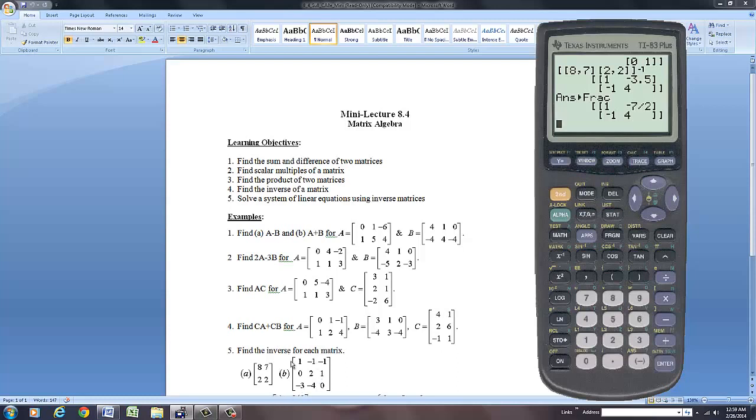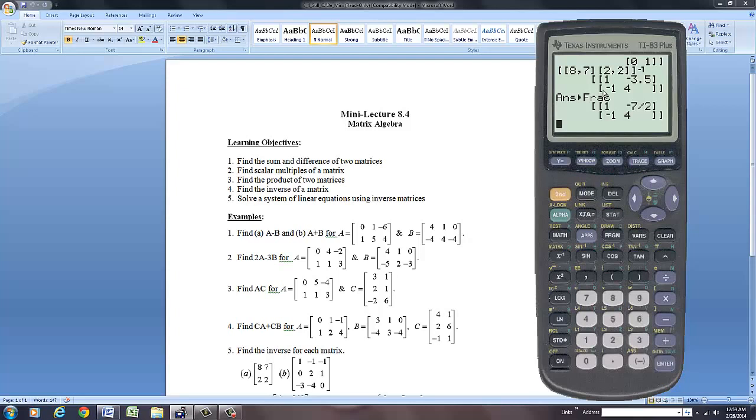Now, this one can be done exactly as this one. You can define it in the matrix menu. It's a 3 by 3, and then do it like I did this one, or you can put this on the home screen like I did here in the brackets, put the -1, and you get the inverse.